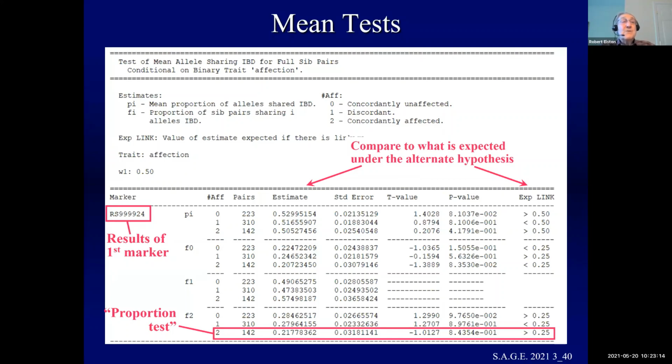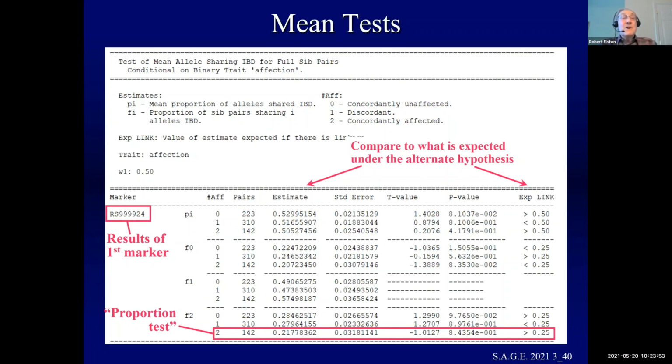Please notice that what you're doing is comparing the estimate with what it is under the alternative hypothesis. The null expectation in this test is always half. But for the mean proportion pi, if there's linkage, you would expect it to be greater than a half if there are 0 affected, less than a half if there is 1 affected, and greater than a half if both are affected.